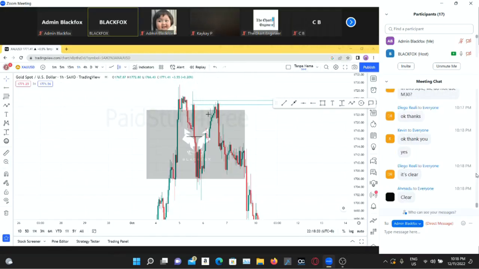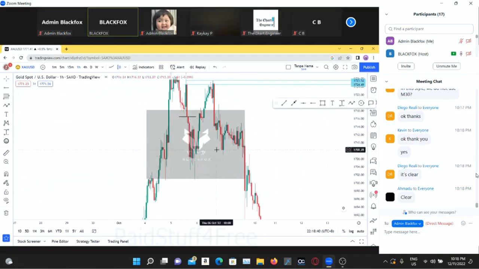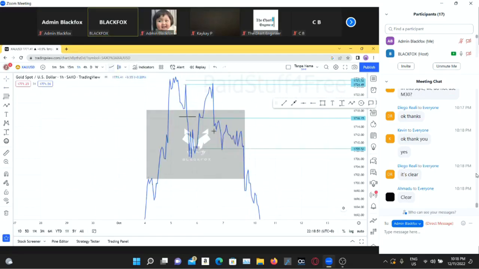Do you have any questions for this breakout setup? This one is also the same breakout, right? If this one fails, then we have a base level here. We go to the line chart first.